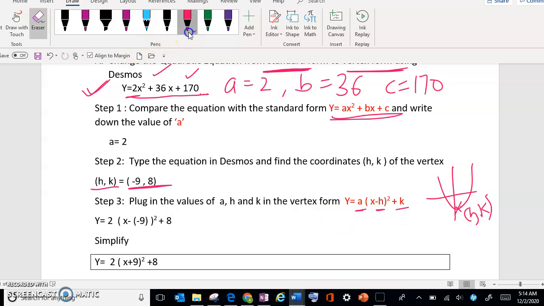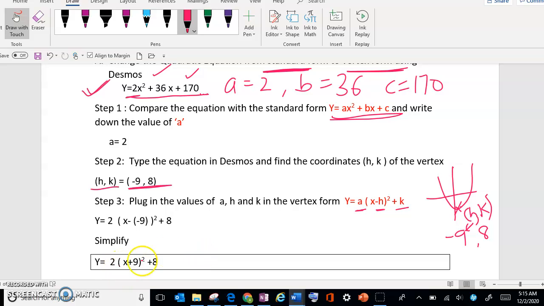Where did the h and k come from? When we graphed the equation, we saw that h is -9 and k is 8. Okay, so we plug it in there. H is -9 and k is 8. So negative of negative is a positive.